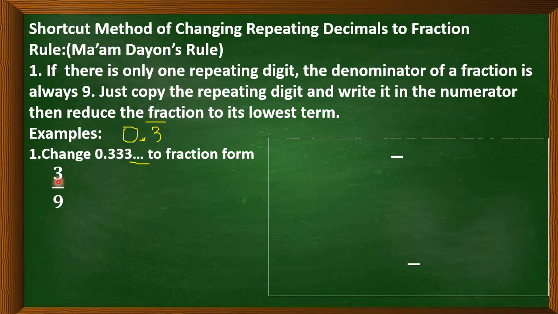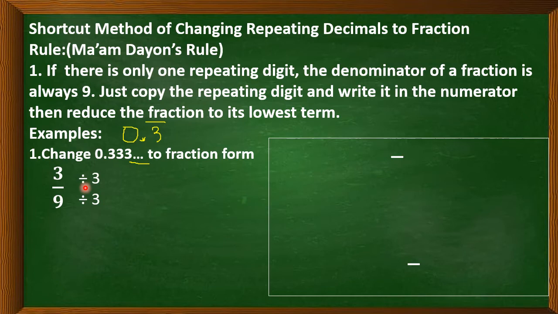Next, reduce 3 over 9 to its lowest term. I know that you have already discussed this in elementary, how to reduce a fraction to its lowest term. We divide both the numerator and the denominator by the greatest common factor. The greatest common factor between 3 and 9 is 3.